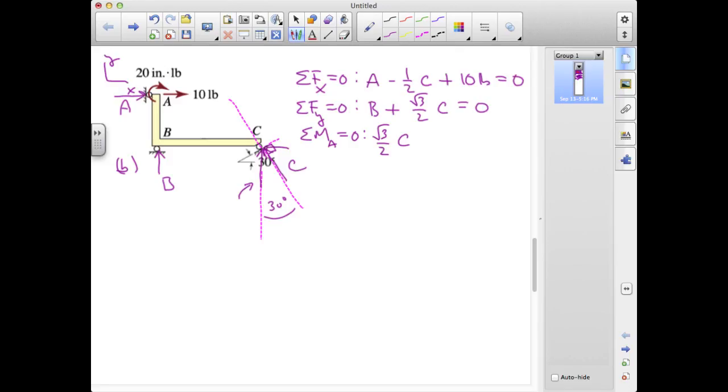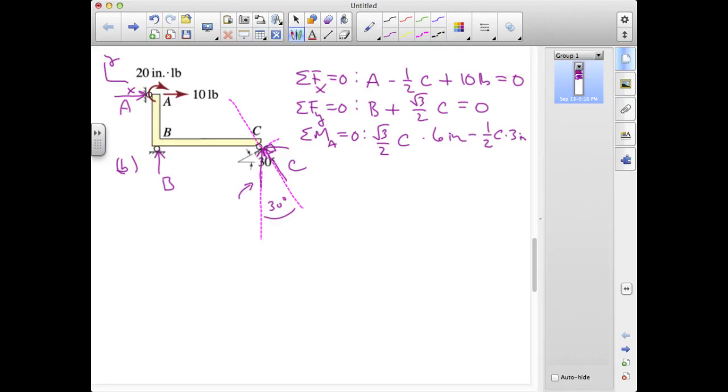That's the vertical component, and it has a moment arm of 6 inches. The horizontal component is C sine 30. That's 1/2 C, and that is exerting a clockwise or negative contribution about A through a distance of 3 inches. So I have minus 1/2 C times 3 inches.